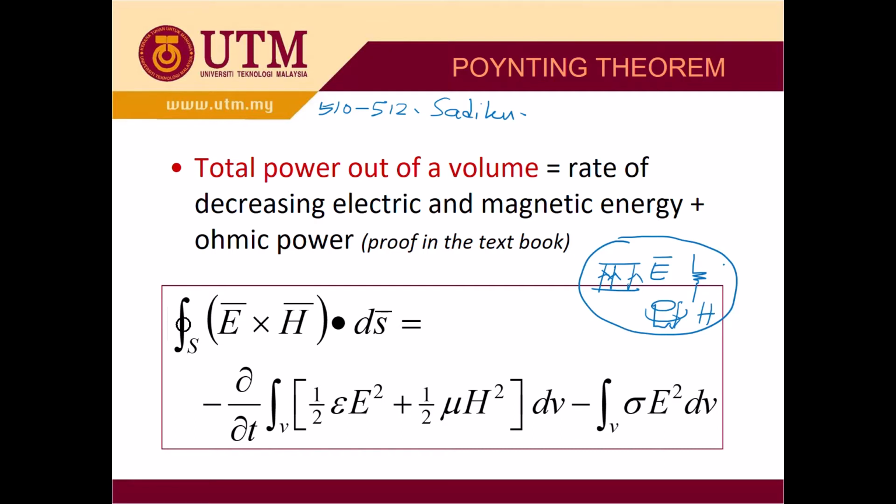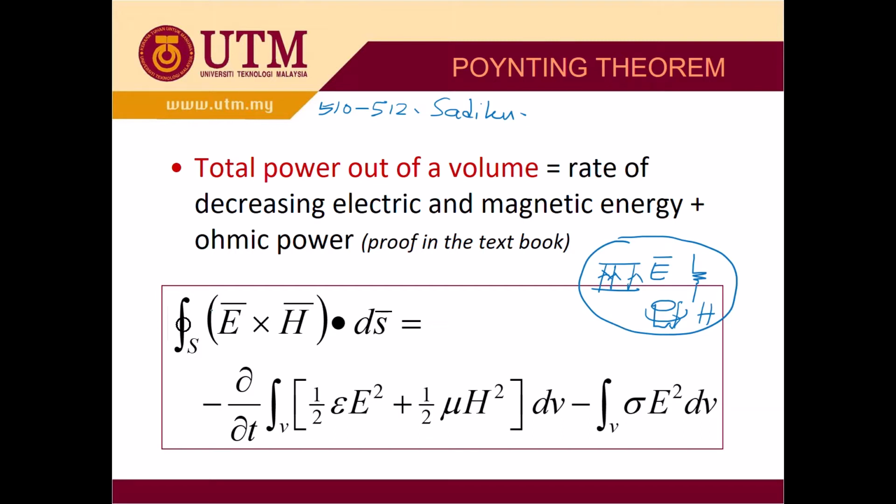From these equations we can use what we call the divergence theorem. I think you have already seen it. The divergence theorem basically relates the surface integration with a volume integration.